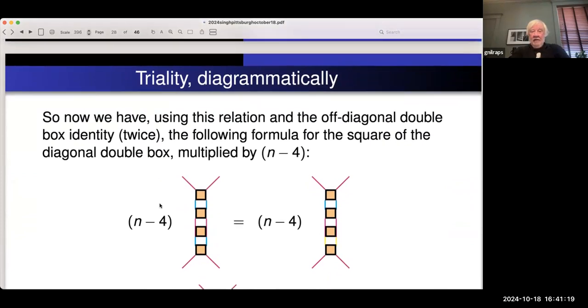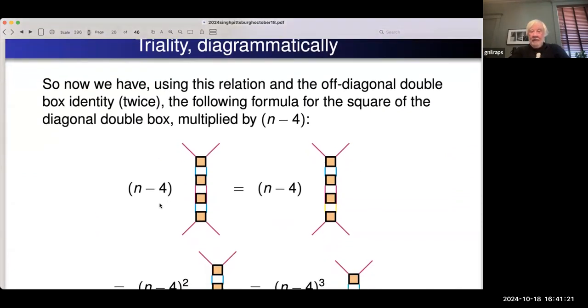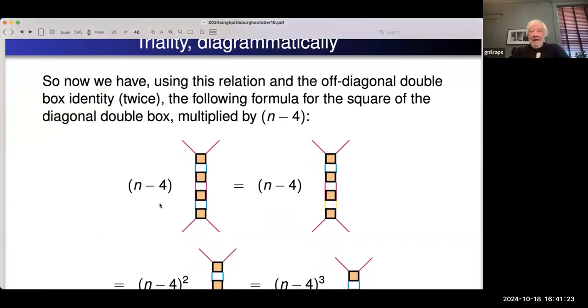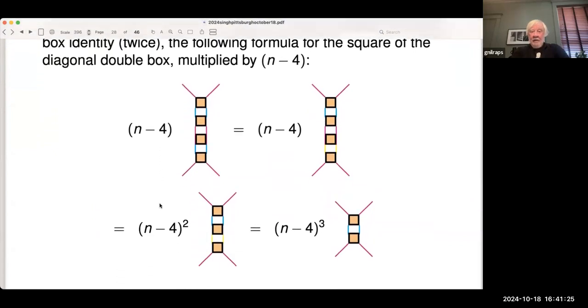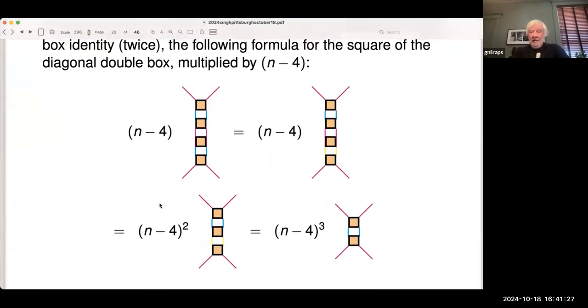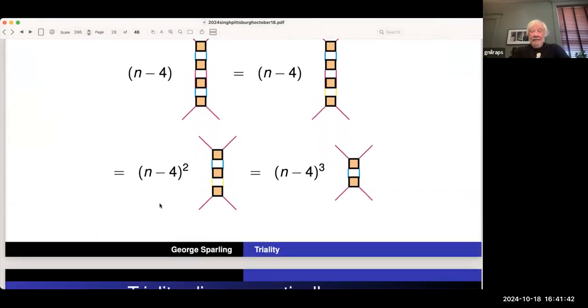You look at 4 double boxes glued together, and first you can show that you can reduce, as long as, notice you have to multiply by these factors of n minus 4. As long as you multiply by n minus 4, you get a simplification of the 4 boxes down to 2 boxes.